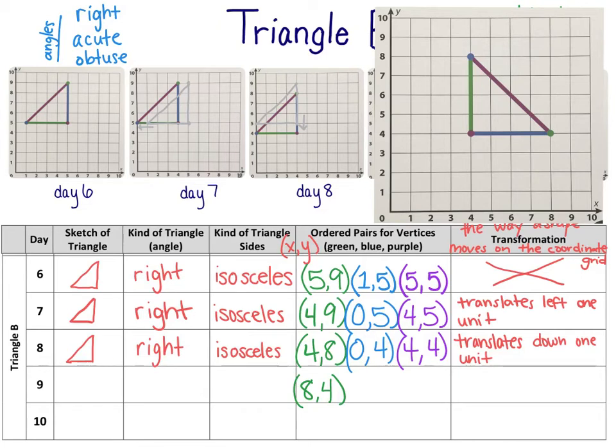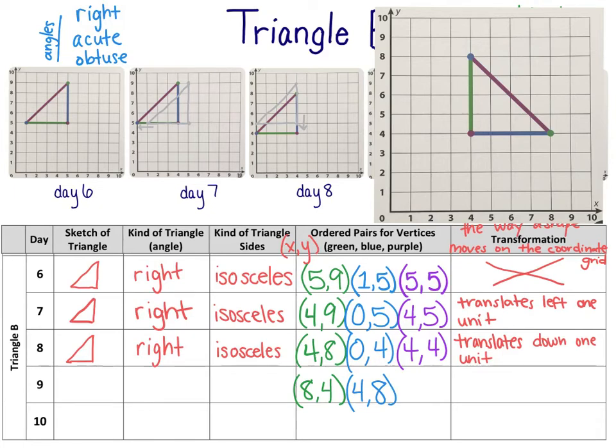Now let's look at the blue point. Blue is on the x-axis at 4, and on the y-axis at 8. So we have ordered pair 4, 8.